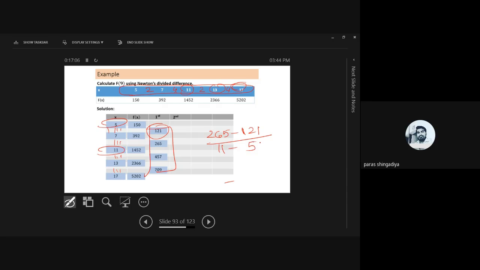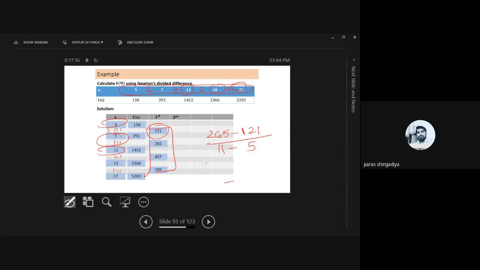In the first divided difference, we just use consecutive values in the denominator: 7 minus 5, 11 minus 7, 13 minus 11, 17 minus 13, and so on. Clear? But now in the second divided difference, we'll skip one value in this column x. We'll consider 5 and 11, skipping the 7, so 11 minus 5.